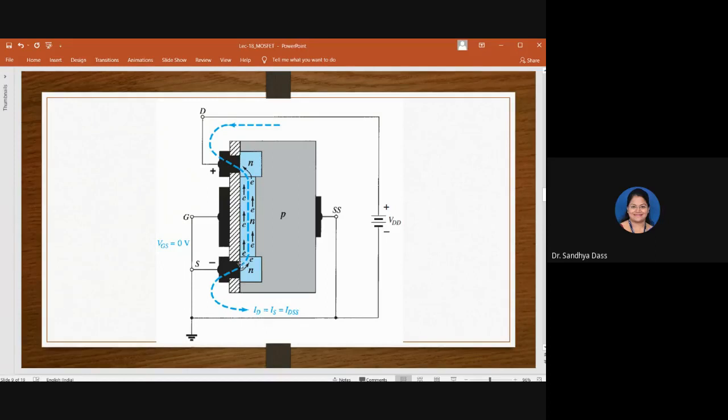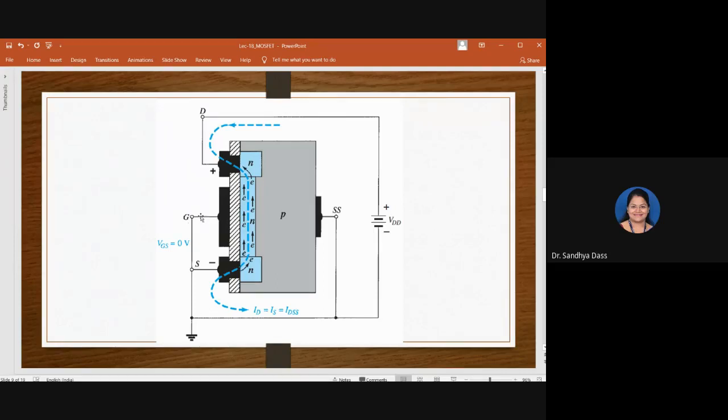Now, similar to the previous discussion, if we make VGS negative, assume that the potential applied across the gate terminal is negative. So what happens? The electrons in the N-type material get repelled.